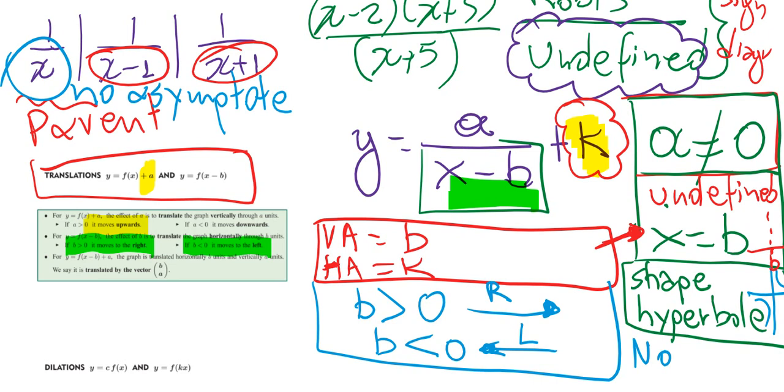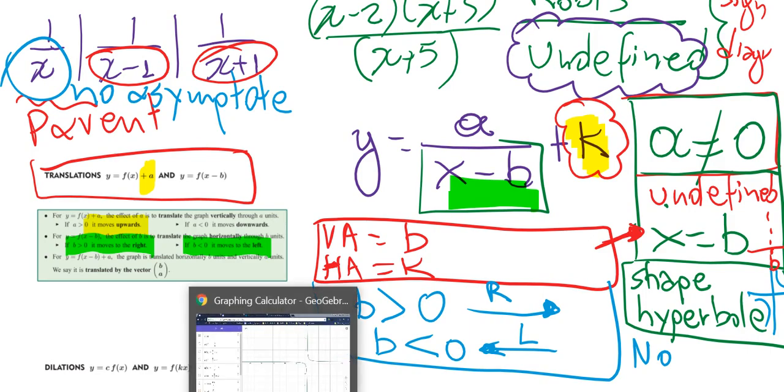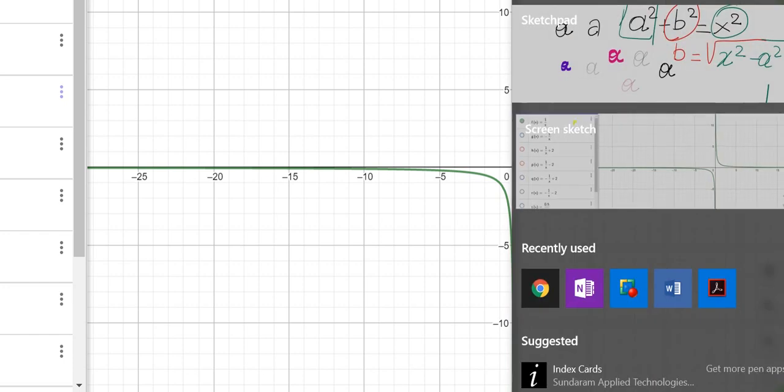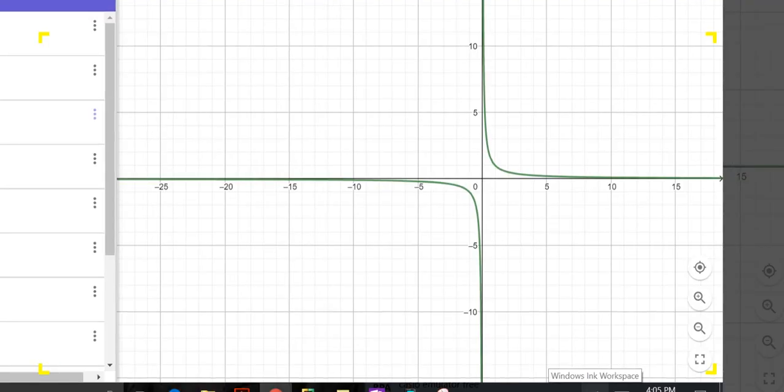Let's do some examples on the GeoGebra to see how this can apply in real life with functions. I will be playing between the screen sketch and not screen sketch.